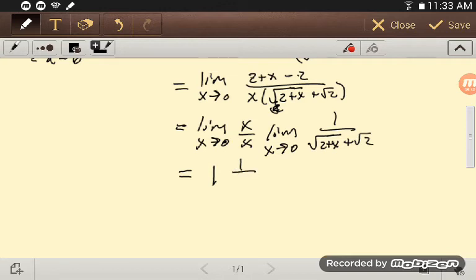Well, that's 1 over 2 times the square root of 2. And again, this last part is by direct substitution. And I'm absolutely fine with writing it this way. If you want to rationalize the denominator, you can multiply top and bottom by the square root of 2.